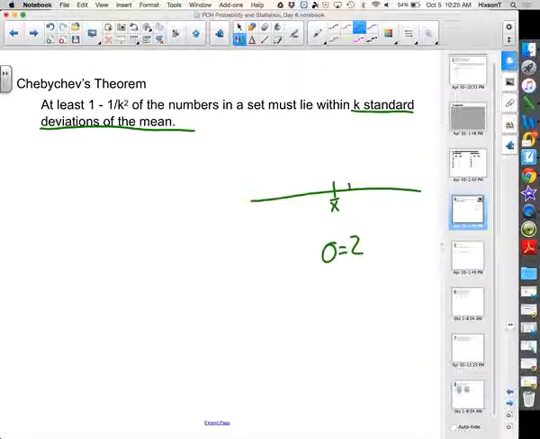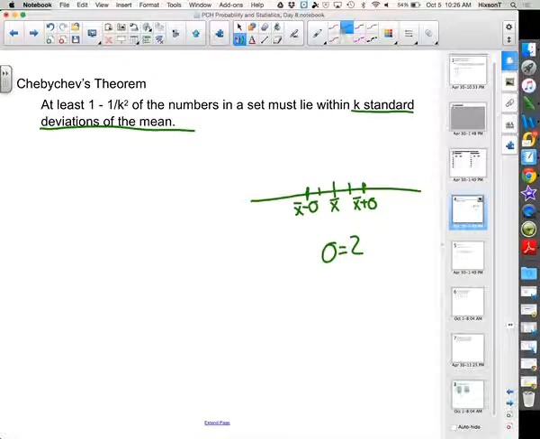If I go up 2, I have added 1 standard deviation to the mean. And if I go down 2 from the mean, I've subtracted 1 standard deviation from the mean. That's whatever that value is. Now again, that's 1 standard deviation.